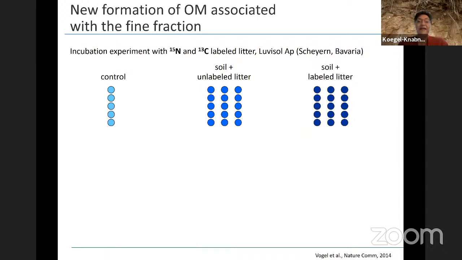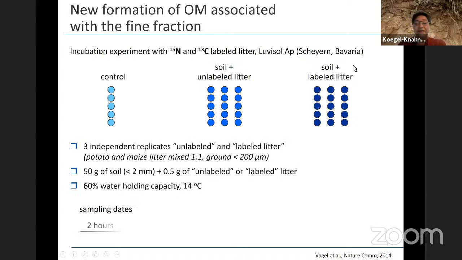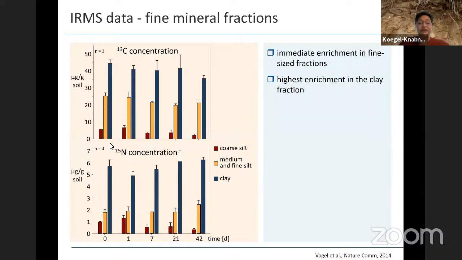First of all, I would like to show an incubation experiment that we did with 15N and 13C labeled litter. We had a control soil and unlabeled litter, soil and labeled litter, and we incubated for 24 days under conventional conditions in the lab. And we afterwards fractionated the soil and looked for the 13C and 15N label.